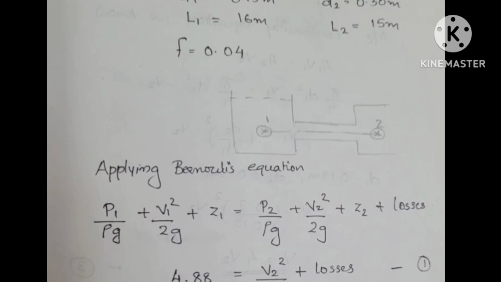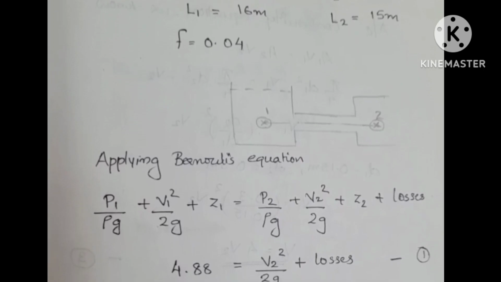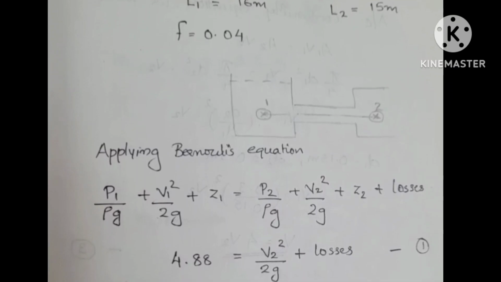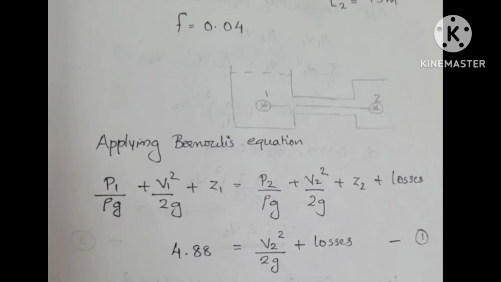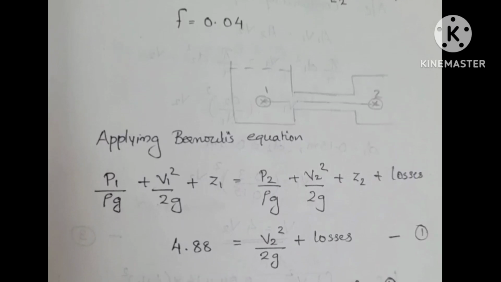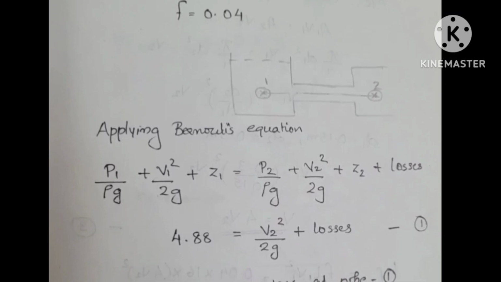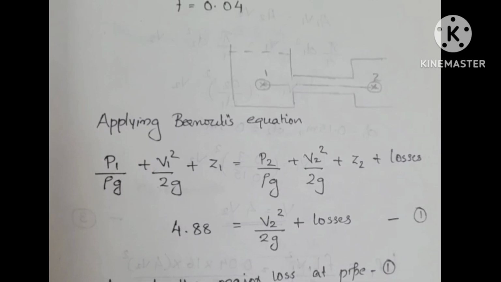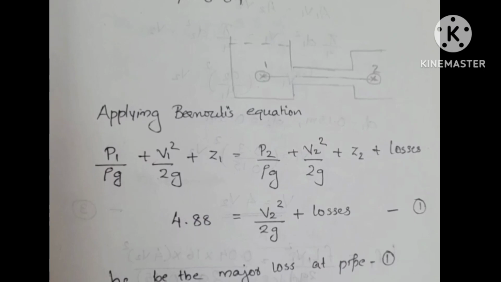In this, P1 and P2 get cancelled since it's in the same line, and V1 square is also 0, and Z1 is given as 4.88, that is already given in the question.